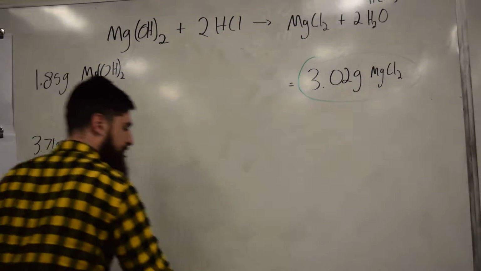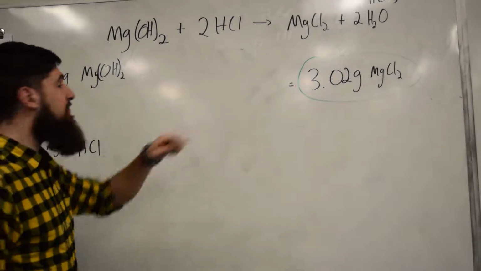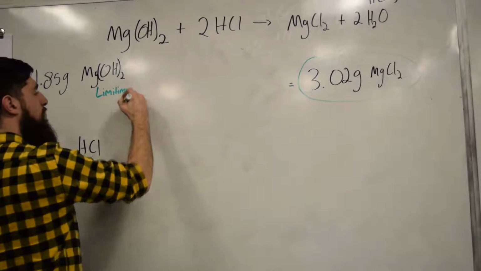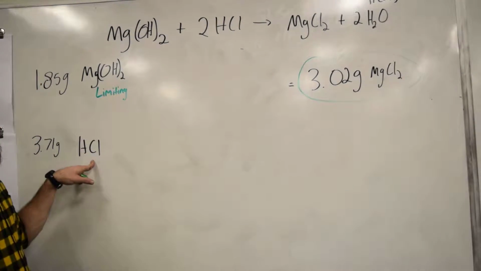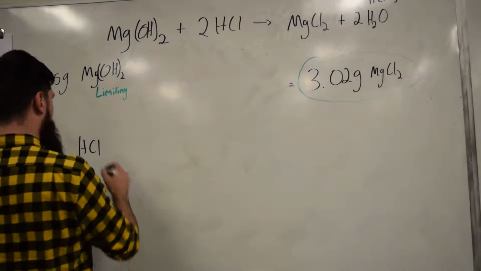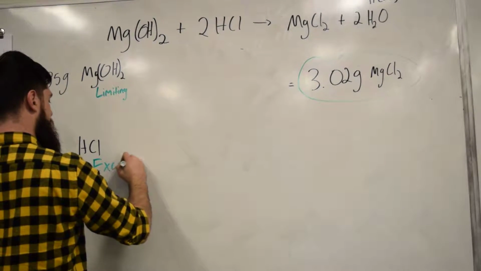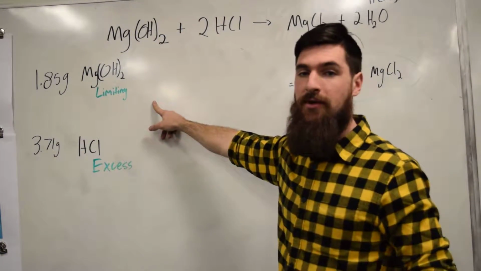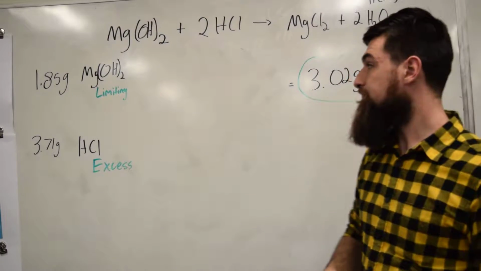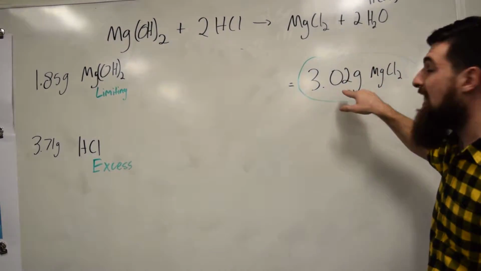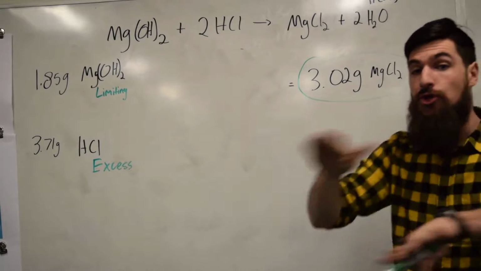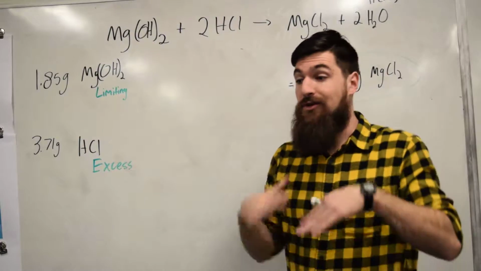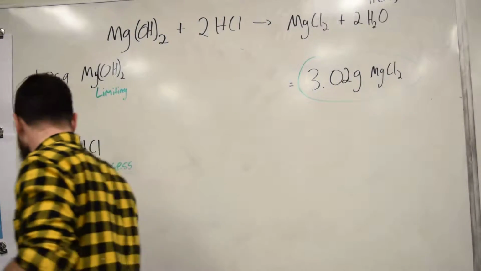So the one that made the least is our limiting reactant, and hydrogen chloride, the one that's left over, is our excess reactant. We're limited by the amount of magnesium hydroxide we have, because there's less of it. After you make this much product, you don't have any more magnesium hydroxide left. You used up 1.85 grams. You're done, okay?